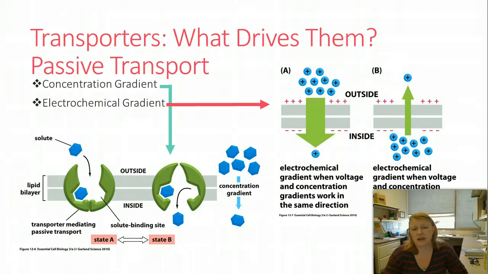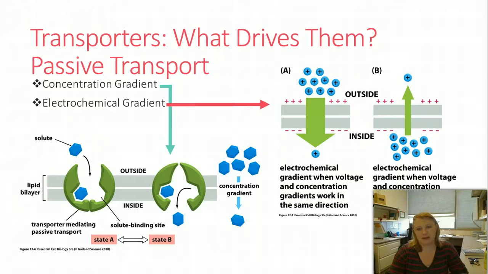We also have electrochemical gradients. There's a charge that runs along the outside of the cell, and all the cells have these, some to a greater extent than others. And so the charges can work in concert with the concentration gradients, as you can see in example A, where the positive charge is on one side and the solute is positively charged, it will allow for the pumping of the solute across the membrane through a transporter.